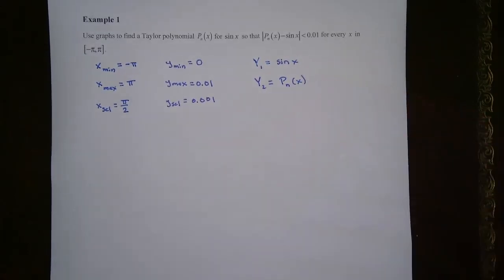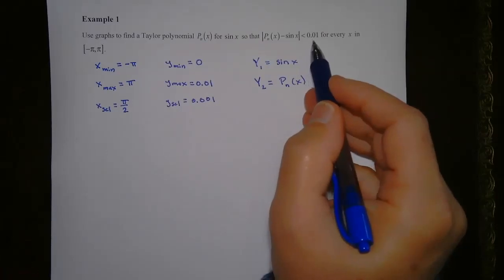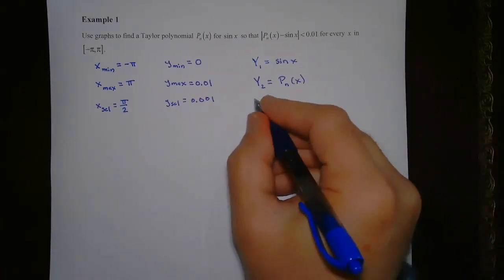We're going to do a first order Taylor polynomial, then a third order, a fifth order, and a seventh, until we get to something that's less than 0.01.